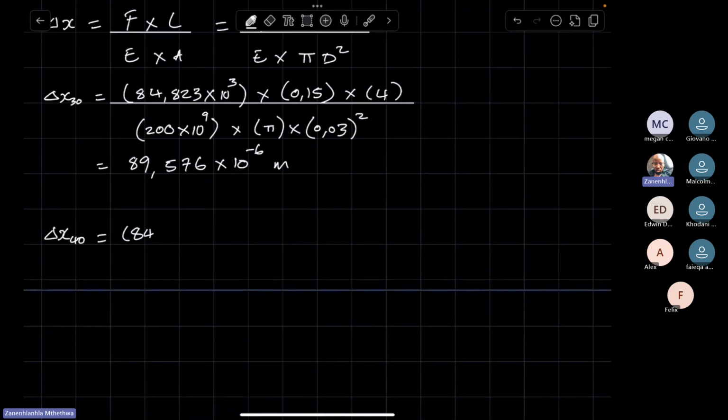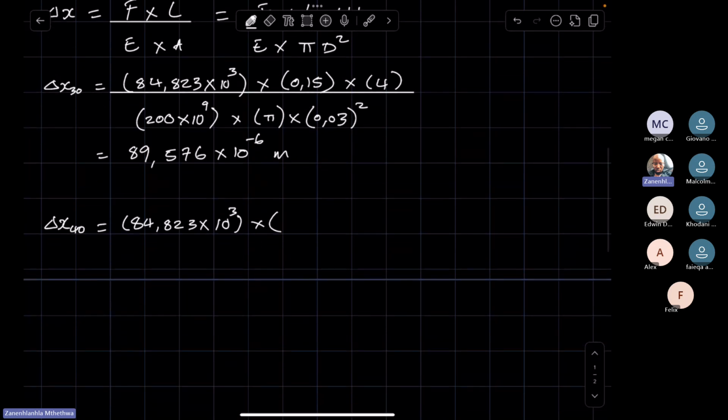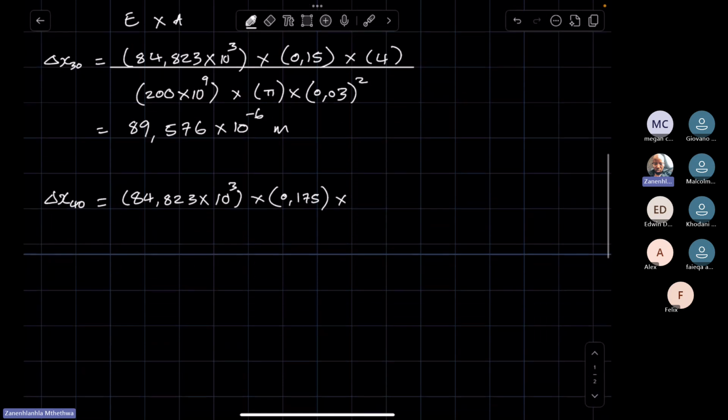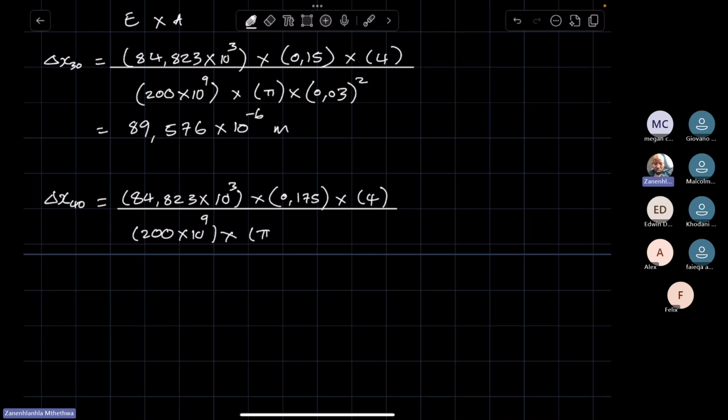Remember, the force remains the same: 84,823 times 10 to the 3 times the length, which is 0.175, times 4. All of this divided by 200 times 10 to the 9 times pi times the diameter, which is 40 millimeters, so this is 0.04. And what do you get here?